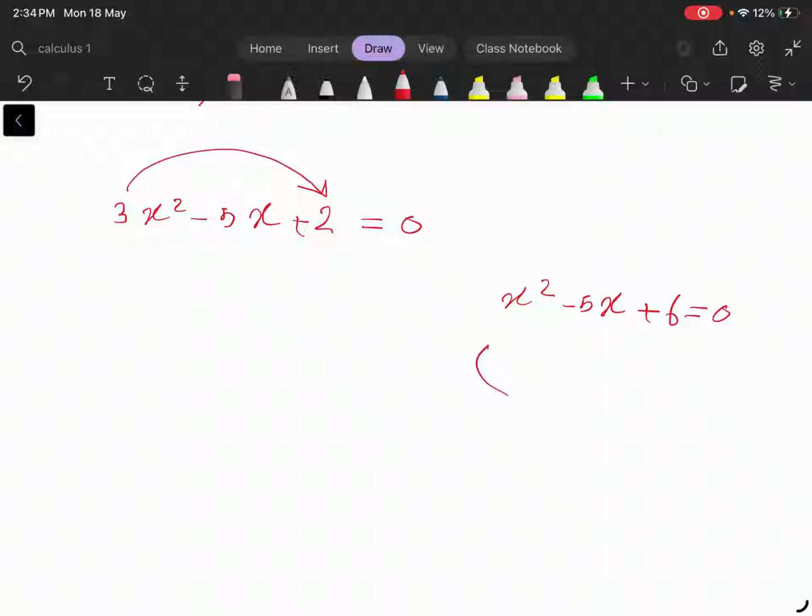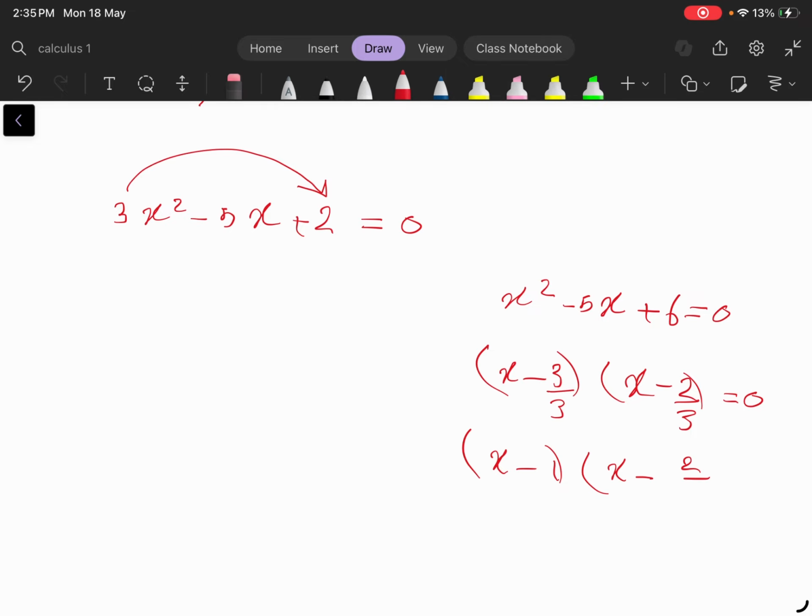So this is very factorable. It will be (x minus 3)(x minus 2) equals 0. But now I will divide each factor by the leading coefficient of 3. So it will be (x minus 1)(x minus 2/3).